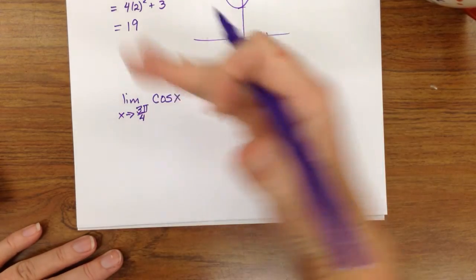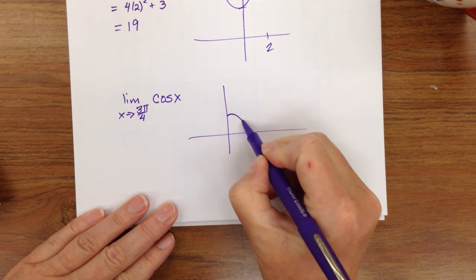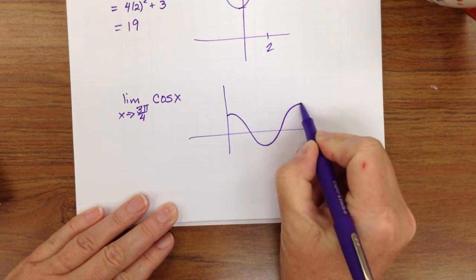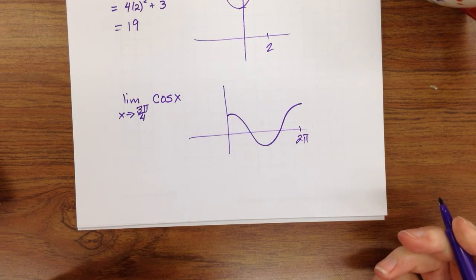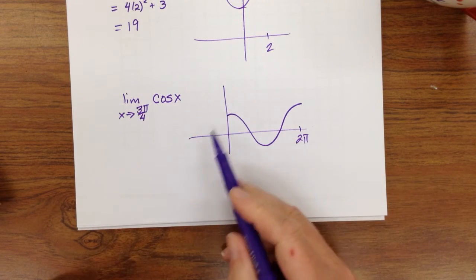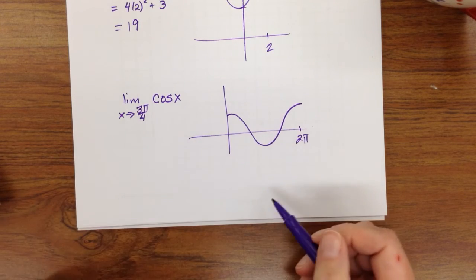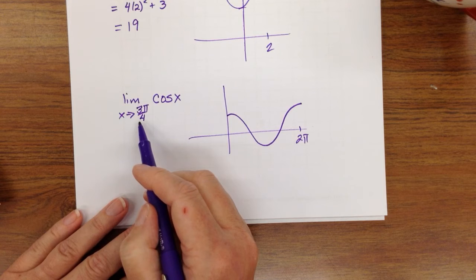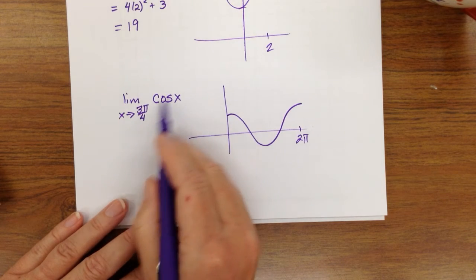You remember the waves. Okay, I'll draw a picture. Remember this? There's the function. It's continuous. There's no holes or breaks or asymptotes or anything. And the question is, well, what do we do? We evaluate. We direct substitute.